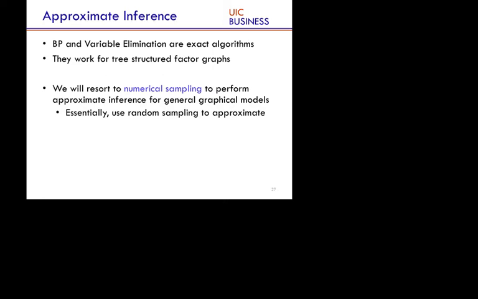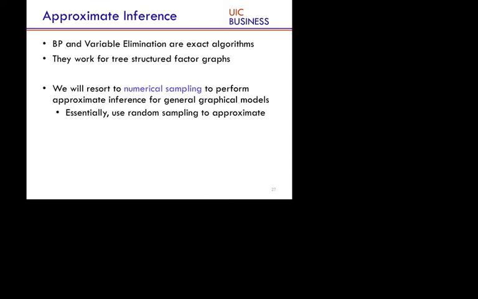But the limitation is the exact computations are valid only for a tree structure factor graph where there are no cycles in the factor graph, right? If you remember, we had cast both directed and undirected probabilistic graphical models as factor graphs. We can work with both as factor graphs, and that's why we had a unified bunch of inference methods, right?